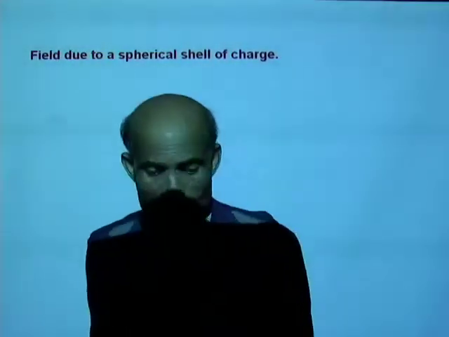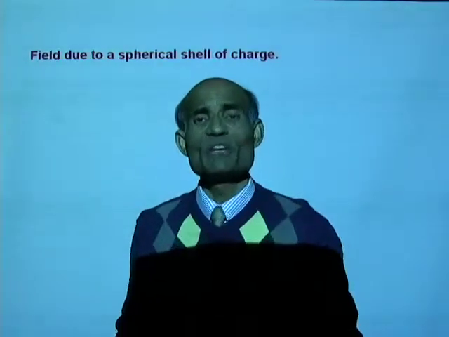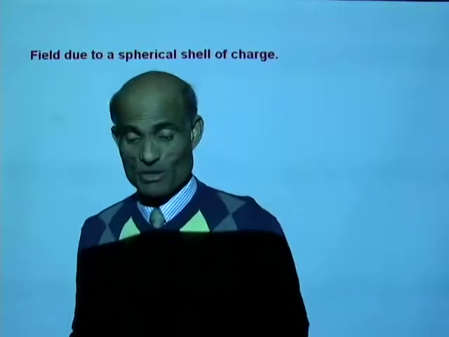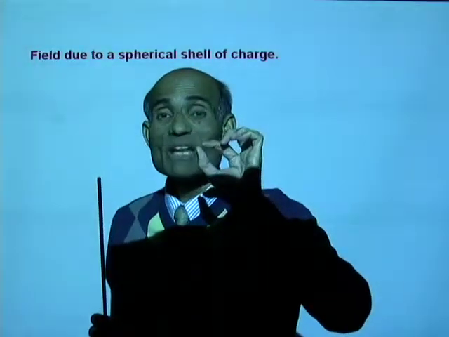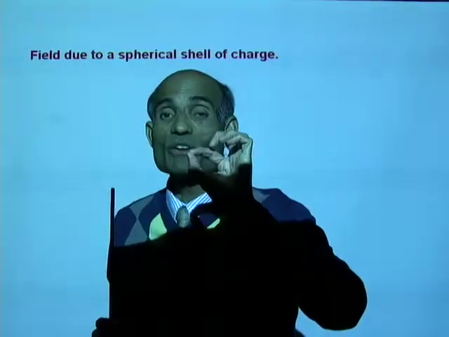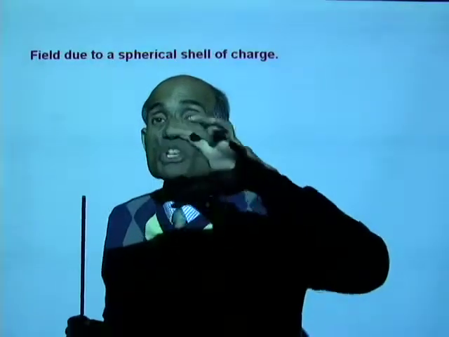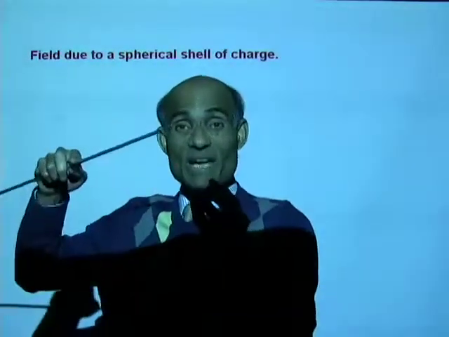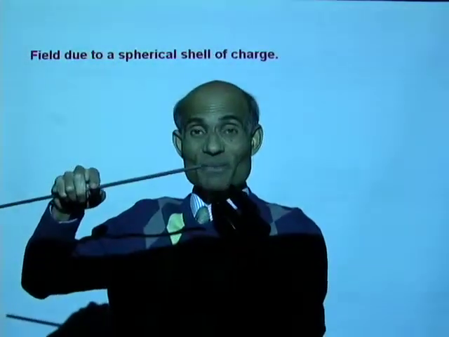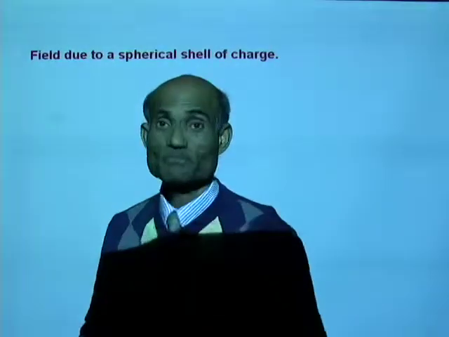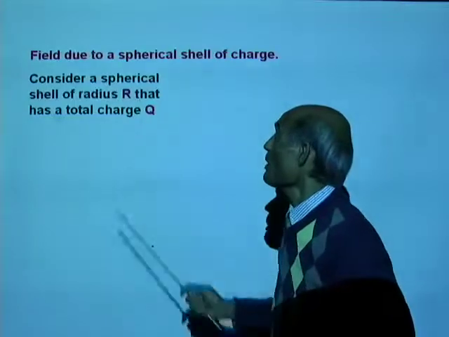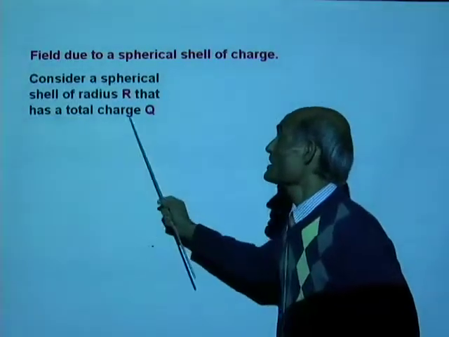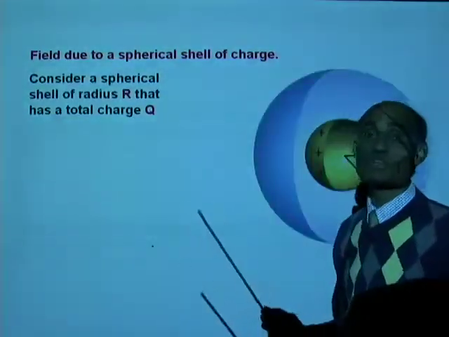Alright, let's do that. What is the method in using Gauss's law? Remember, the standard method is, if you want to find the electric field at a point, we take a Gaussian surface that contains the point. Alright, that's what we're going to do. Consider a spherical shell of radius r that has a total charge q.